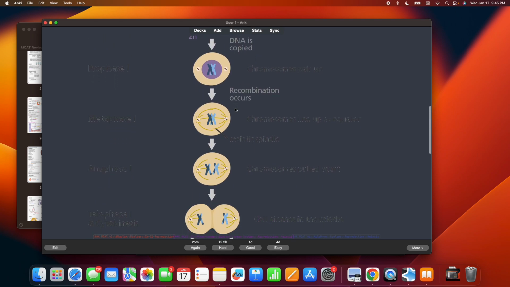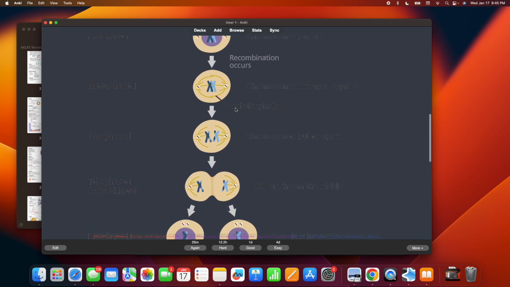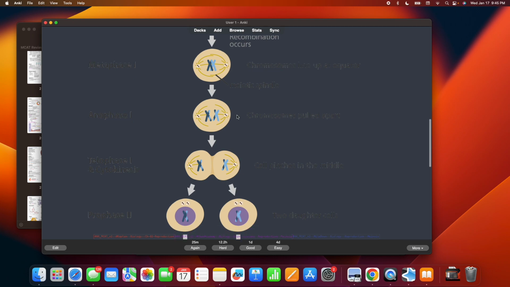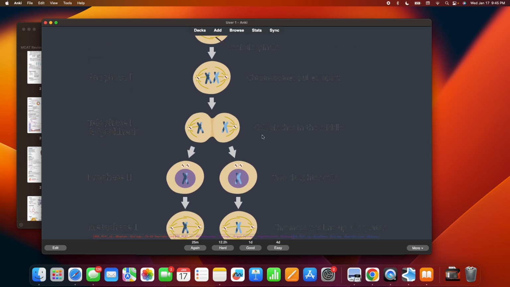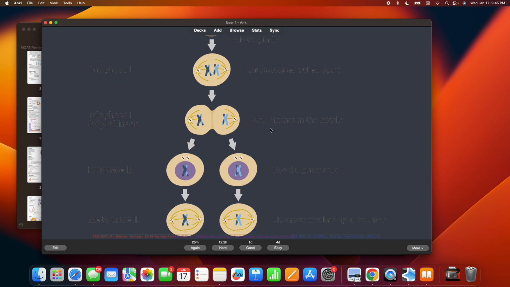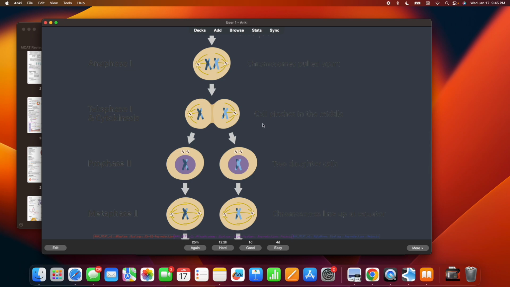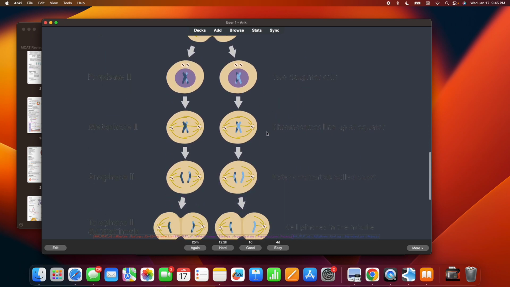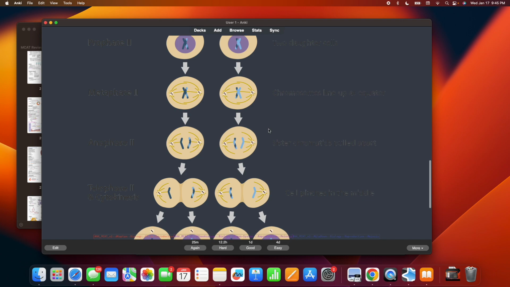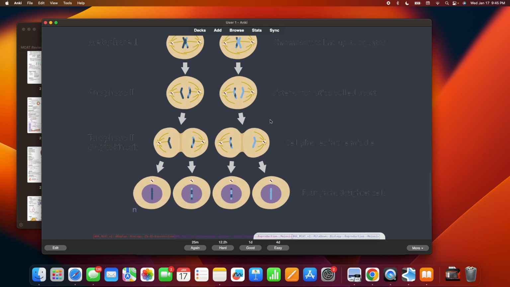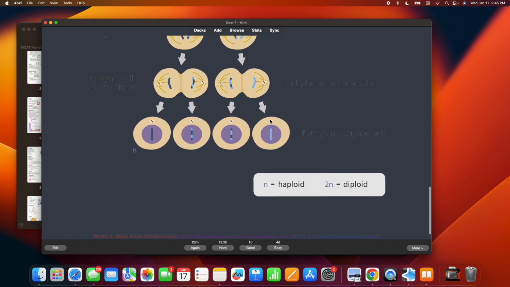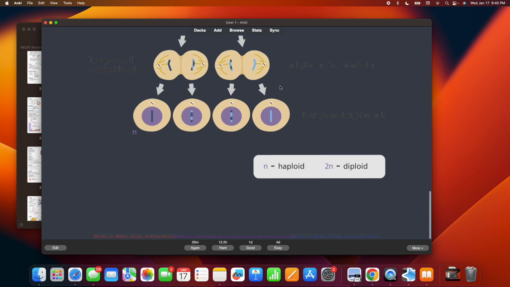Recombination occurs, the mitotic spindle forms, and chromosomes are pulled apart in phase 1. The cell pinches in the middle, giving 2 daughter cells. Chromosomes line up at the equator, sister chromatids are pulled apart, and the cell pinches in the middle, giving 4 granddaughter cells.